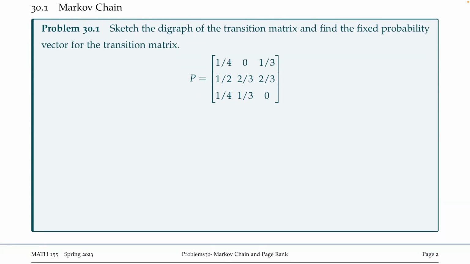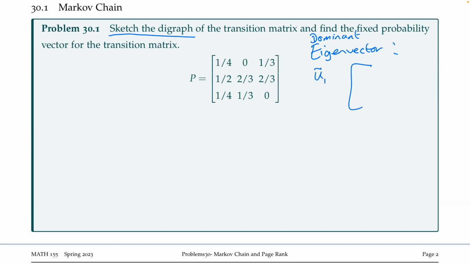Okay, let's think about Markov chains. So first of all, I'm going to get you guys to do this first part. I want you to sketch the digraph, so the directed graph of this transition matrix here. And I'm going to give you the eigenvector as well. It's the eigenvector that is dominant, the one that is associated with lambda equal to 1.